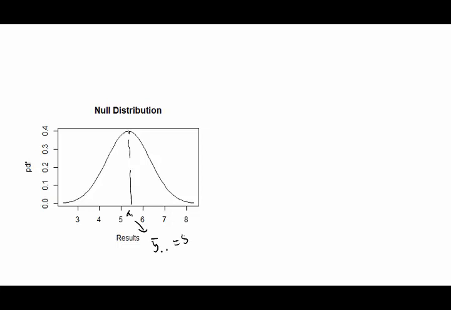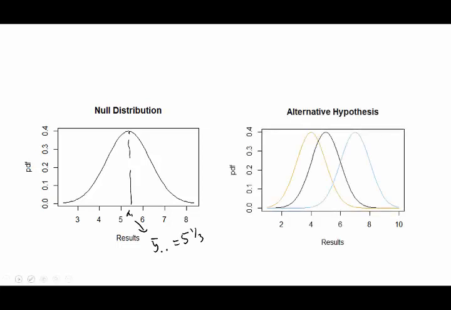In our toy data set example, that was 5 1/3. Right? On the other side, if the alternative is true, then the results potentially came from different normal distributions, right? Where each of the normal distributions now, for example, in the blue group, would be centered at the sample mean for that group, right?